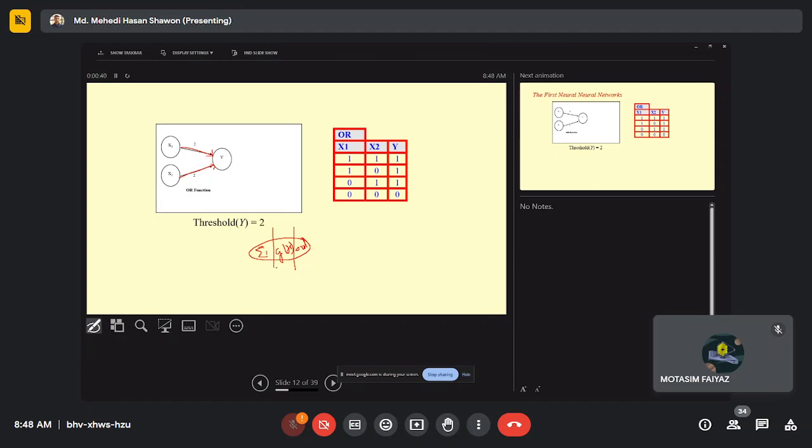So the first step is to sum all the information. The equation should be x1 into weight 2 plus x2 into weight 2 equals what? It will depend on the combination. Suppose you choose the combination 1 0, what are you going to get?